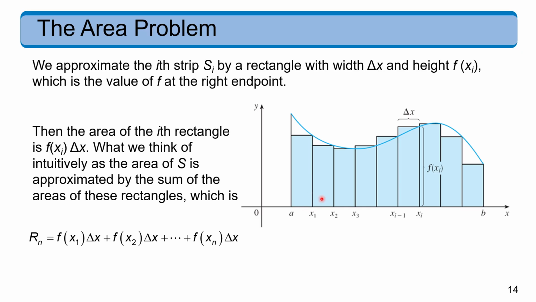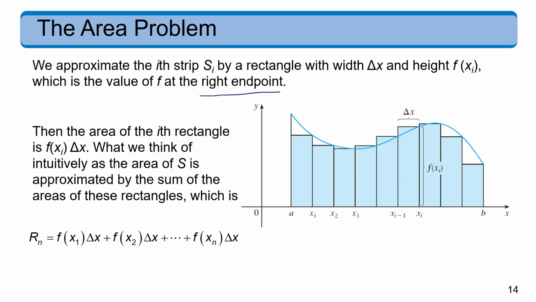So in each of these cases, we have to decide where we're going to put the top of each rectangle. We've seen there are different choices for that, and any of those choices that we experimented with in the first example were fine. In this first attempt, we're going to use the method of using the right endpoint.